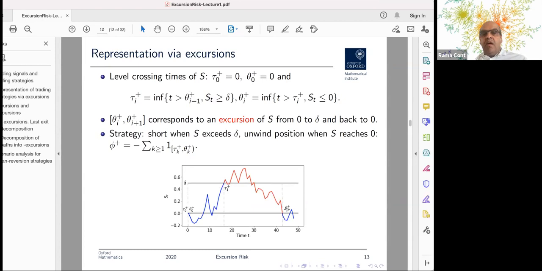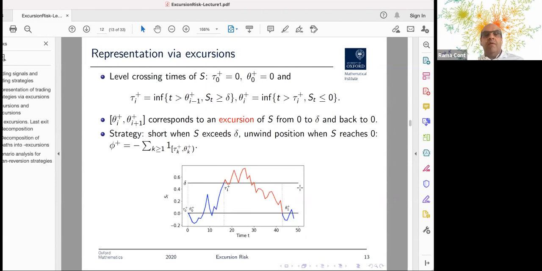And then the next theta plus is the first time after this hitting time of delta where I reach 0. That's it. And then you start again. Then you define tau 2 plus as the next time after this when I reach delta, and then I reach 0.